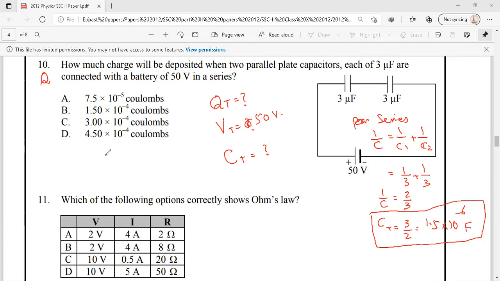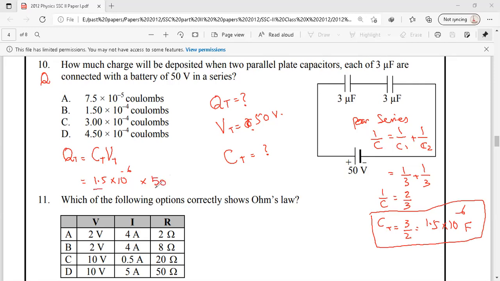So for finding the value of total charge, we know that total charge Q is equal to total capacitance C times total voltage V. By substituting these values, total capacitance is 1.5 × 10 raised to the power minus 6 multiplied by the total voltage, that is 50 volts.